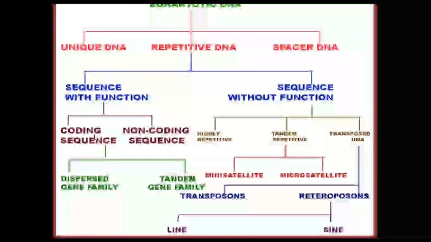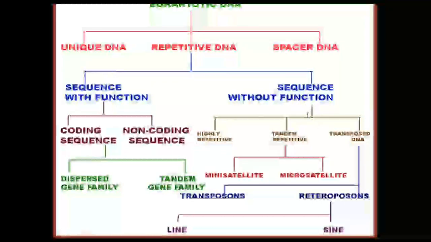The coding sequence is again of two types: dispersed gene family and tandem family. Repetitive DNA is not completely useful for function. It is not producing phenotypic features or proteins, but it is useful for the coding of gene sequences.